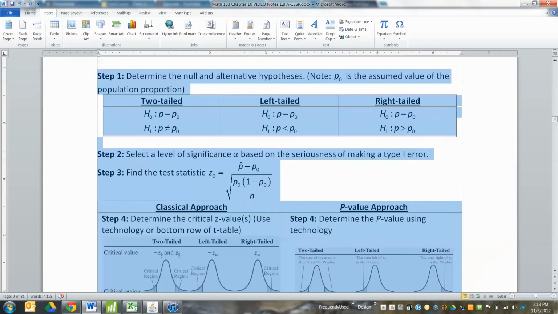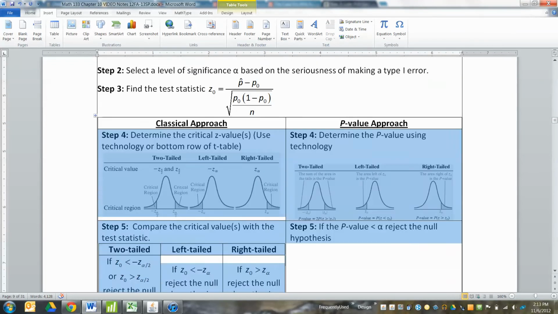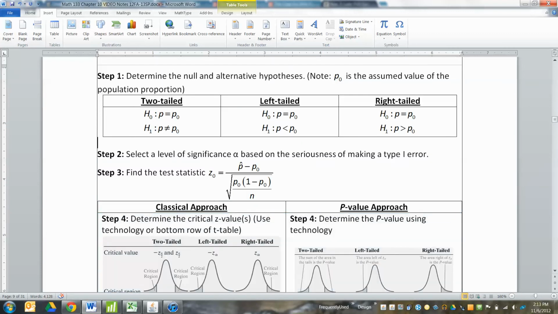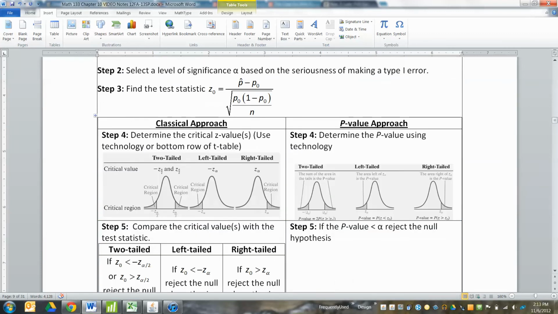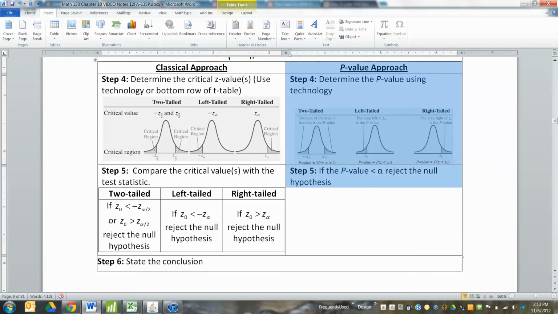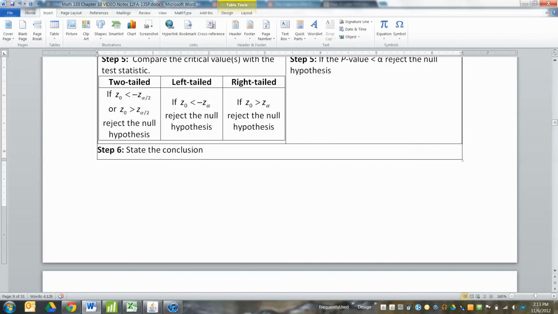If you're taking an online class, you should have it with you for all your quizzes, all your tests, everything. You can see steps 1, 2, 3 are the same. Steps 4 and 5 are different with the classical approach, which is honestly the harder one, or the p-value approach. We're going to do both. Then step 6 is when we state the conclusion, which is the same for both of them.